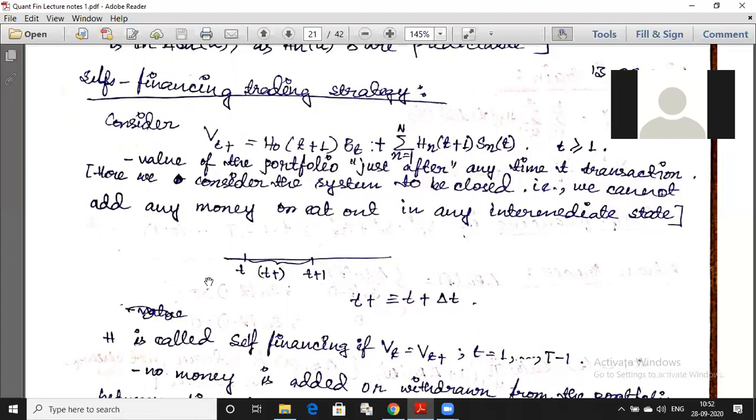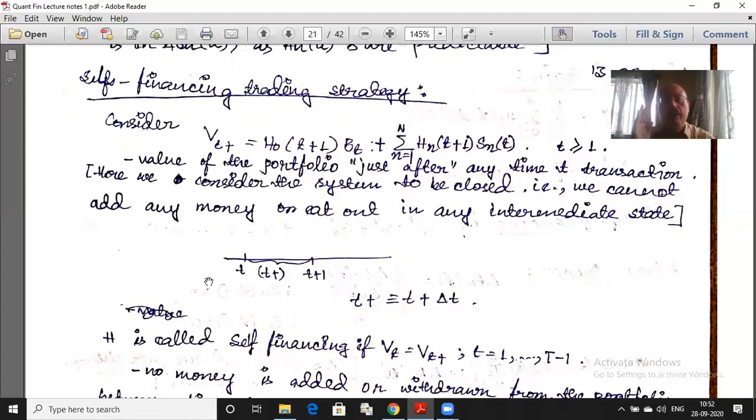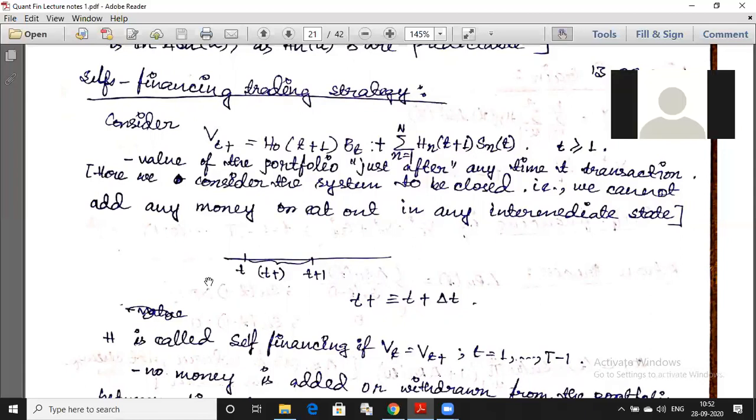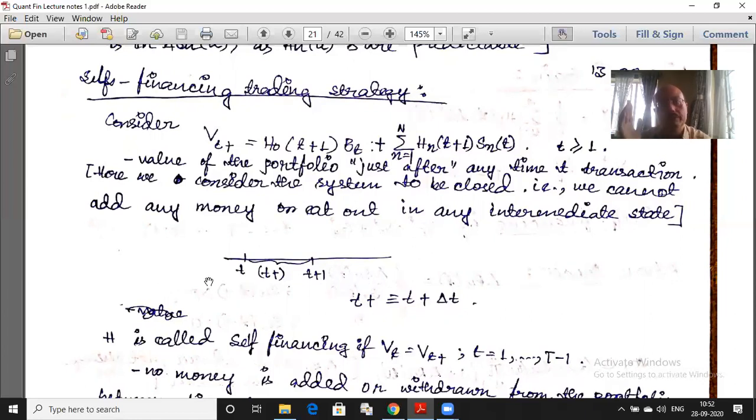Yeah. So what I am saying is, at the end of time period T, suppose there is a notional overnight period when the stock market is closed. What I am restricting myself to is, overnight I am not going to withdraw or add any fund to my current portfolio. So whatever actions I take, I will take again on date T+1 when the market is open again, and those decisions will be based on new information.